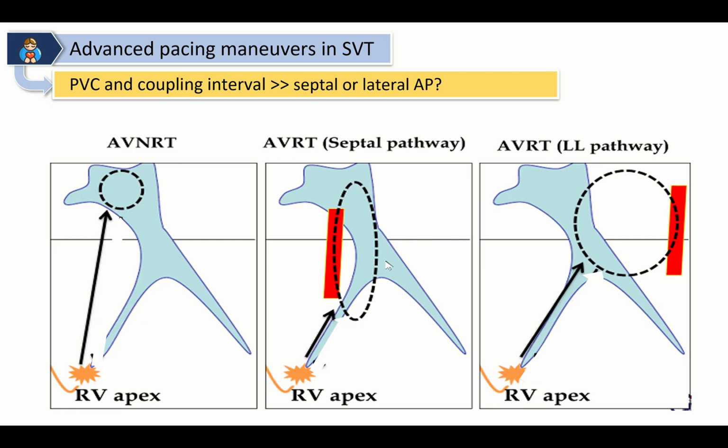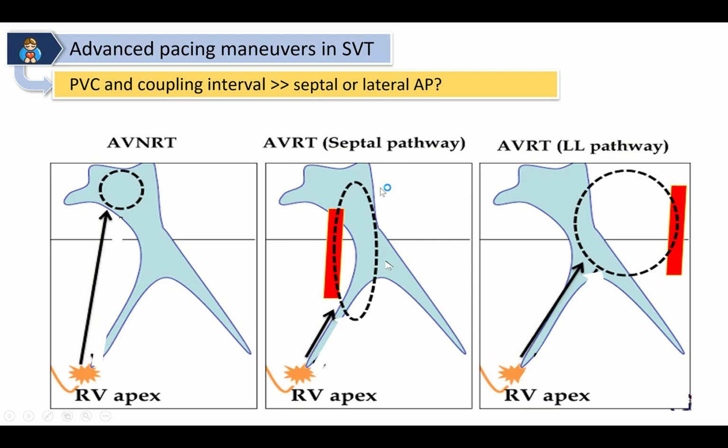To understand the concept of this in AVRT, if we give His synchronous PVC, it will take time to reach the AVRT, and we have to see the difference between tachycardia cycle length and the PVC coupling interval. In AVRT it's early coupled PVC, that's why it will be more than 110.